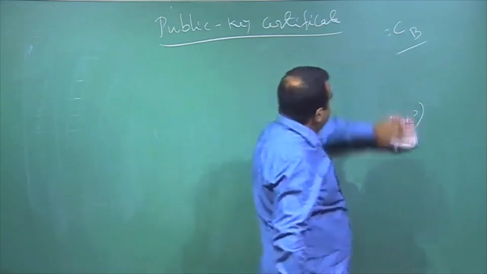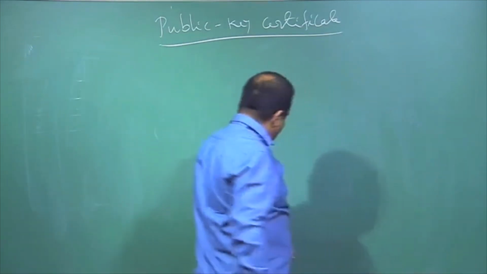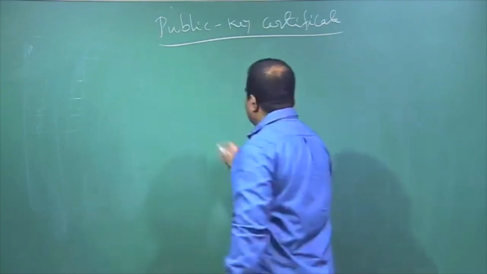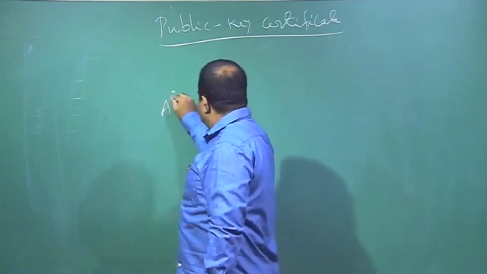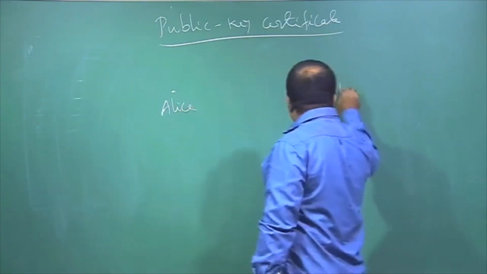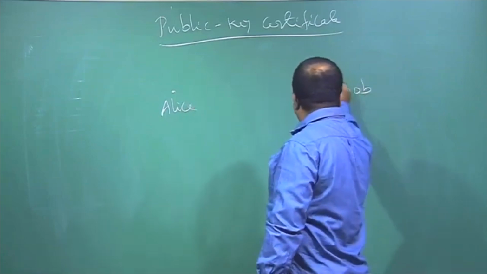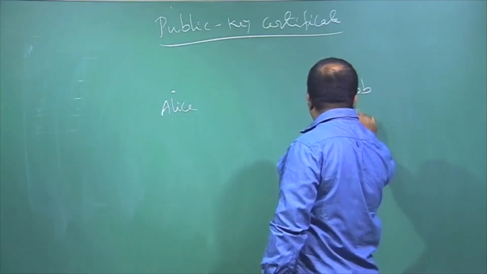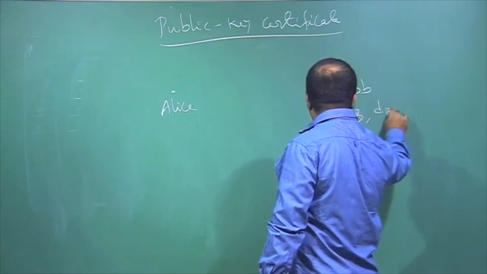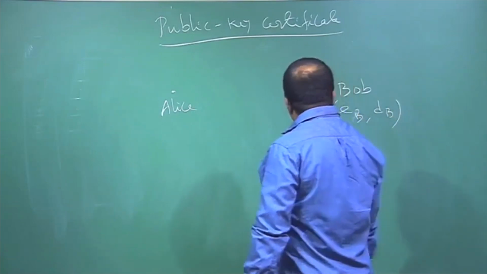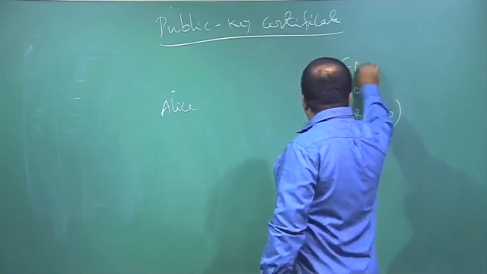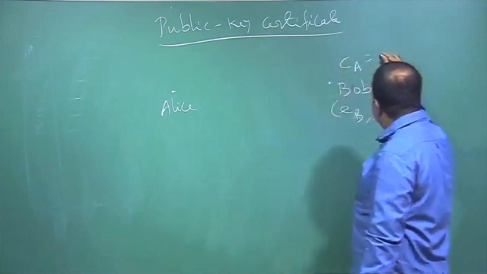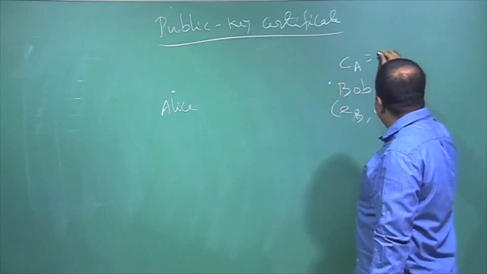Now, after getting the certificate, suppose Alice wants to communicate with Bob. Bob has his public key, private key pair, and Bob has the certificate, which is signed by the certified authority.